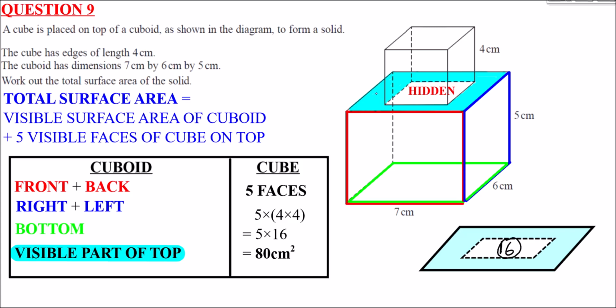And the top of the cuboid, the total area for this will be the same as the total area of the base. 7 times 6 is 42. So all of that will be 42. But because we're not including this hidden bit, we need to do 42 take away 16, which gives us 26. So actually, the visible part of the top has an area of 26.